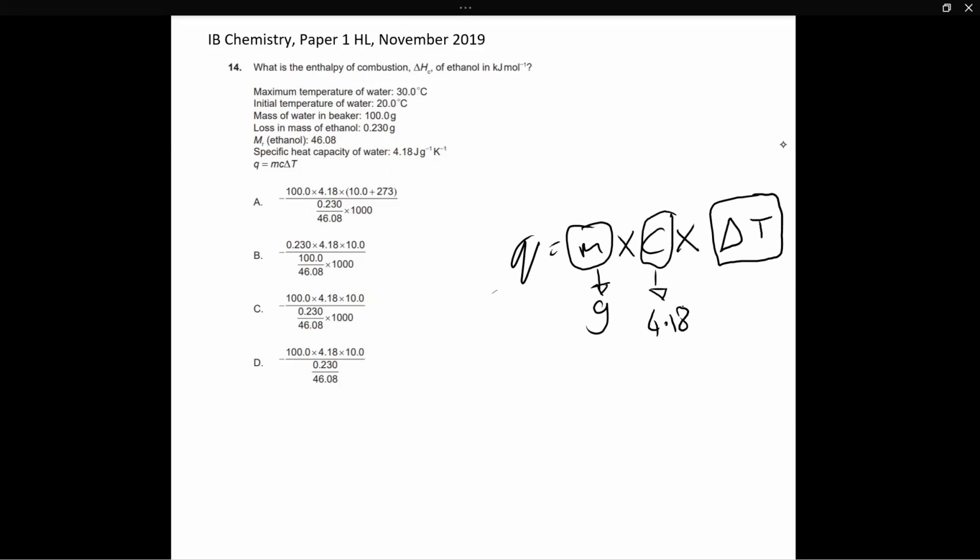And this change doesn't have to be in Kelvin, it can be in any units, as long as the units you are finding the temperature change in are the same as the units the temperature was measured in initially. Supposing we can see over here that the maximum temperature was 30 degrees and the initial temperature was 20 degrees.